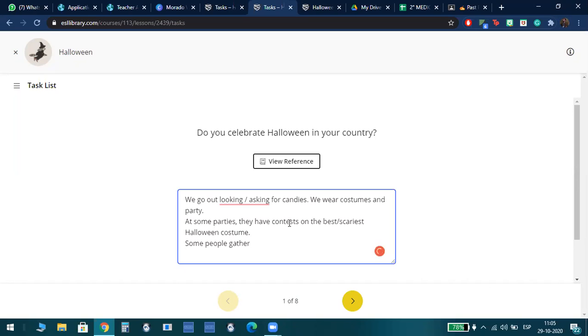Gather means reunirse, okay? Some people gather and do spooky tours to old places, like old buildings, Liceo, for example. And also some people go to the graveyard. That's scary. Yeah, so we do fun things actually in Halloween.